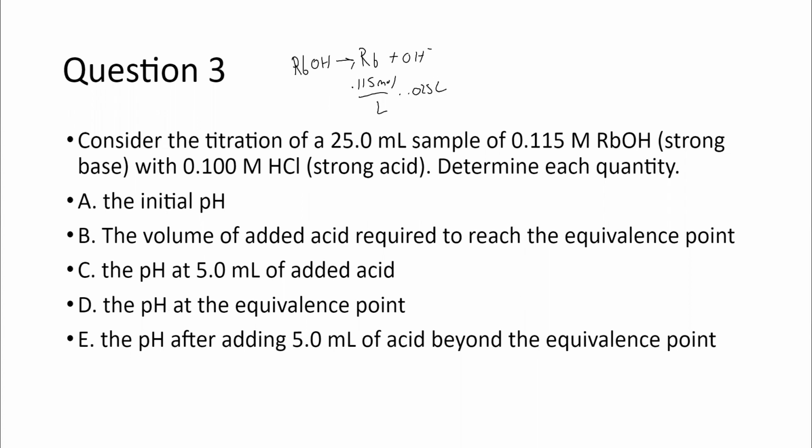So what is our concentration of OH? Sorry, I'm doing moles. I'm getting ahead of myself. This is our concentration of OH, 0.115. So let's do the minus log of that to get our pOH.